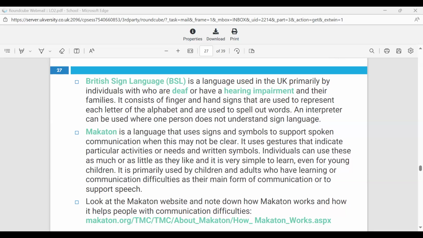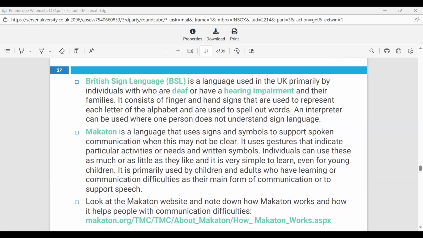It's a natural established language for the deaf community. BSL doesn't follow the grammatical rules of spoken English. They use signs, facial expressions, body language, and it's a naturally evolving language. It's quite historical, and it's used quite a lot.